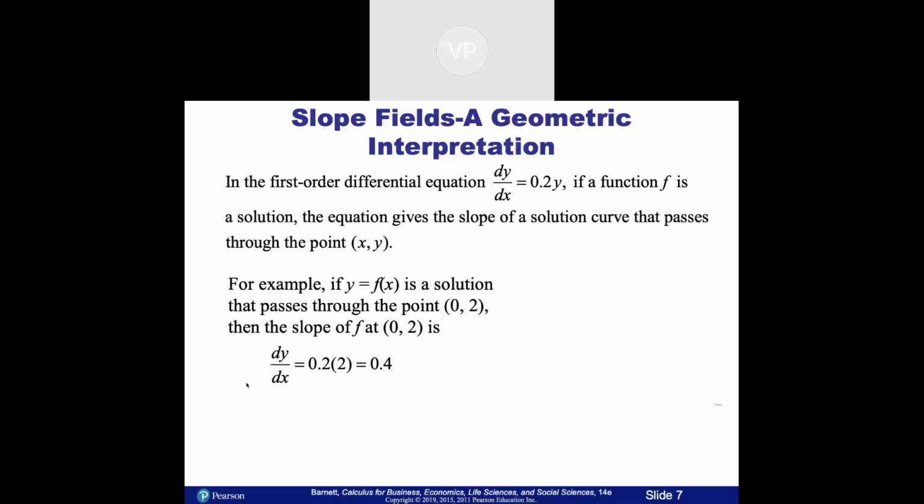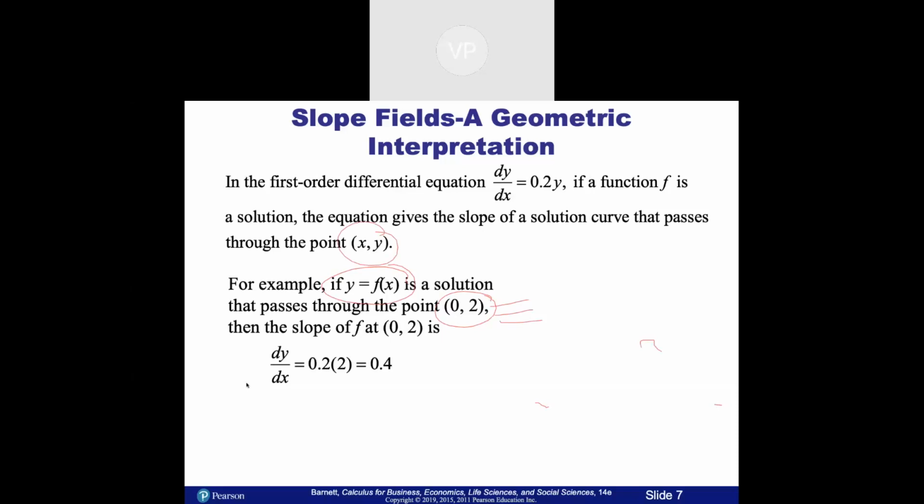All right, they're asking if this is a solution that passes through the point (0, 2). Okay, so they're saying it is a solution that passes through the point (0, 2). Then the slope of it is going to be that down there. Now, where do we get this point (0, 2) from? It's supposed to work through pretty much any point of the function that we have here.